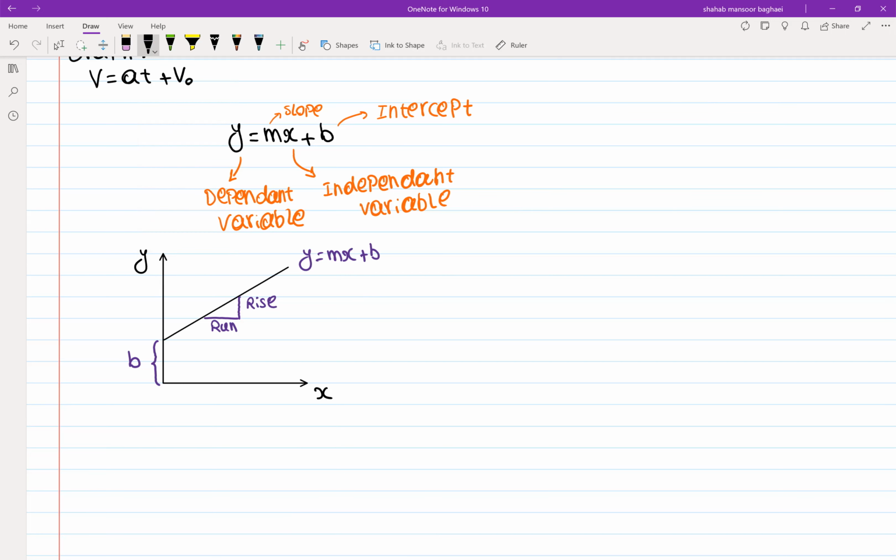If you have a positive slope, in other words, m is positive, if m is higher than 0, therefore your graph should be ascending, or you have an ascending graph. If m is negative, less than 0, you have a descending graph.